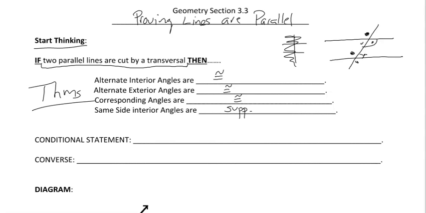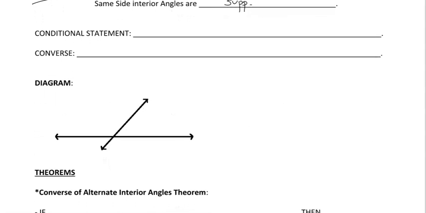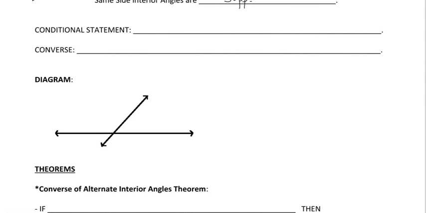Now, what a conditional statement is, we already talked about this a little bit in our synchronized class. A conditional statement is an if blank, then blank form, where this is your hypothesis and this is your conclusion. You can have math-based conditional statements, or you can just have random conditional statements. They might be true or they might be false.